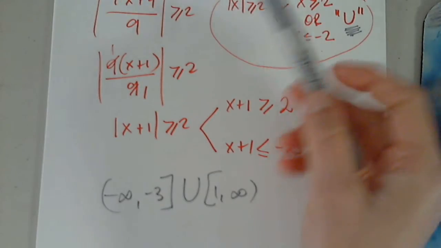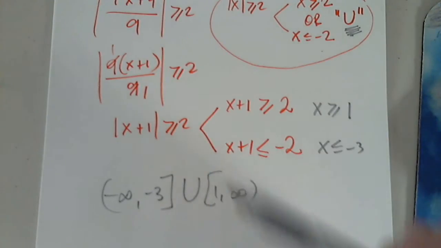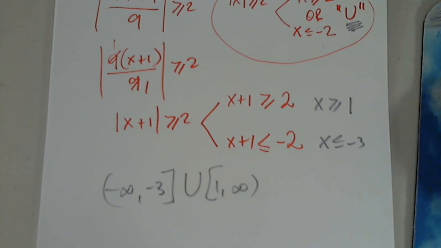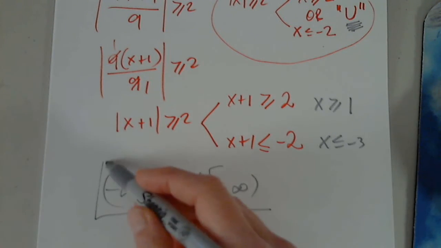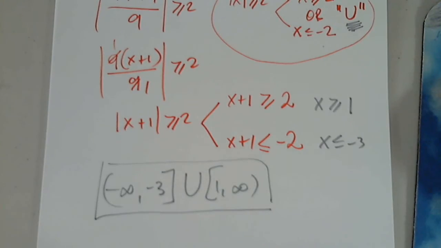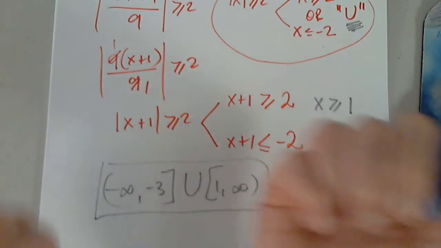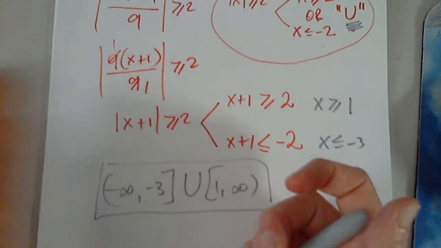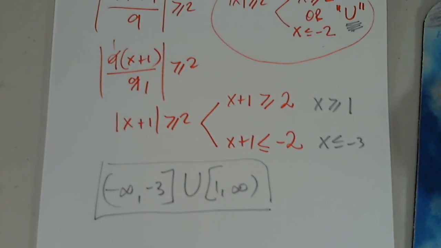Yes, it's much more work than if it were less than or equal to 2. But if I remember that I have to have the union, I remember that it goes this way, to the right of 2, to the left of -2, then I'm fine. So this is the solution in interval notation.